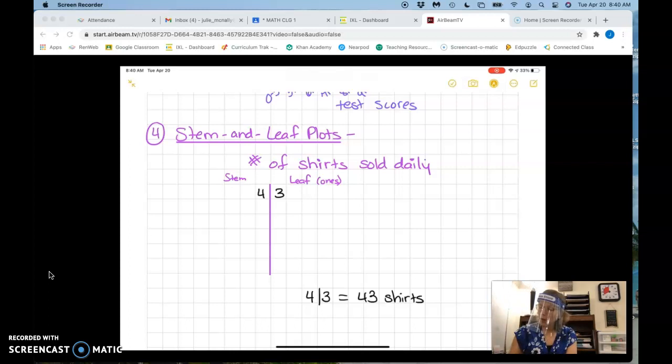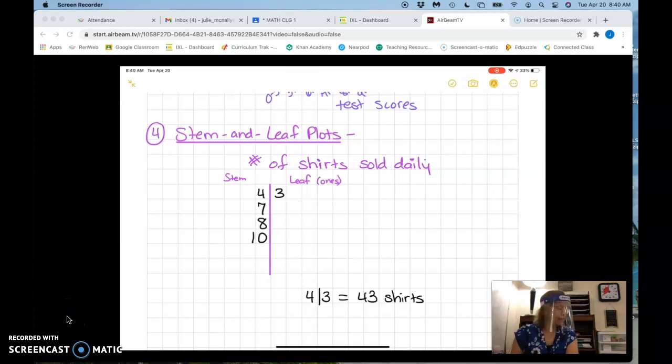Okay, so we have 4 place values here for the stem side. We have the 40s, the 70s, the 80s, and the hundreds. And then on the leaf side, it's going to fill in all the ones place values that we have for each number.